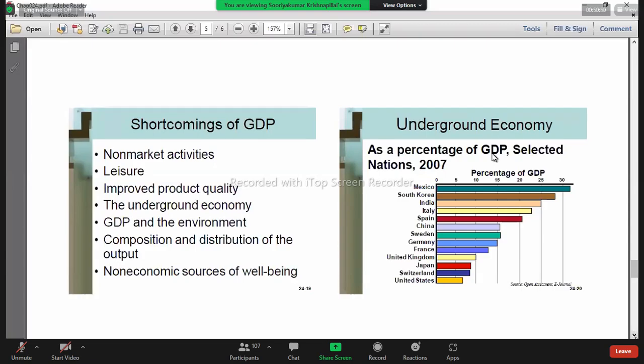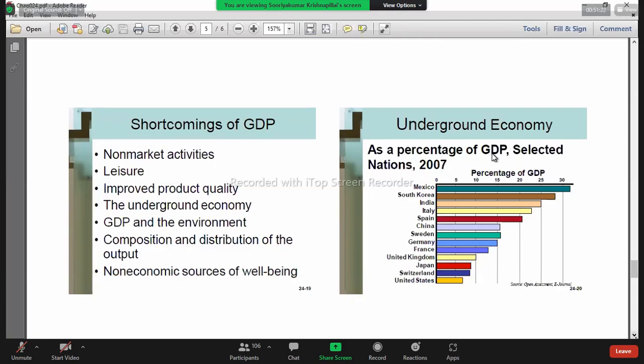Improved product quality. Here we value the quantity. In some countries, or earlier, the product quality was low. Now the quantity is the same, but the quality is high. The quality of the product we don't consider in the GDP.